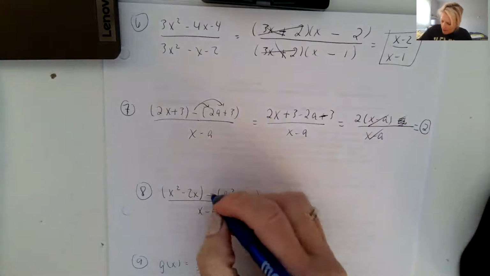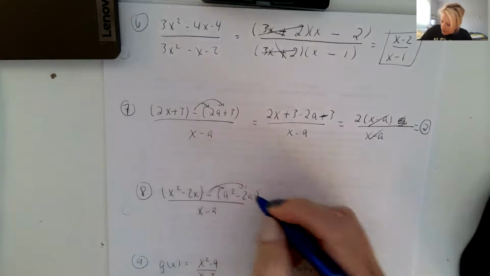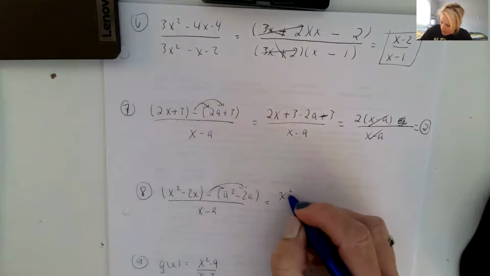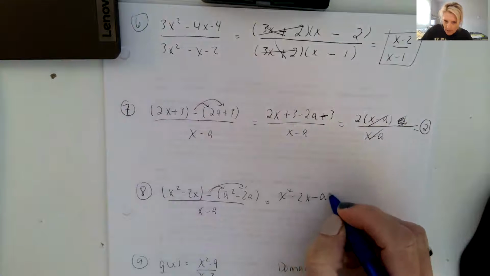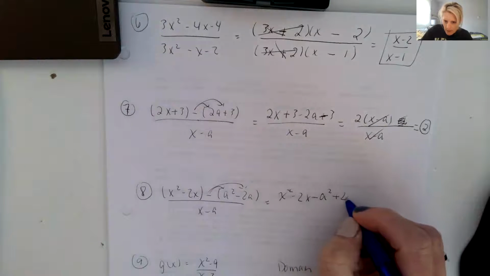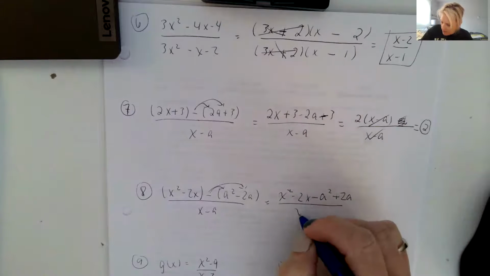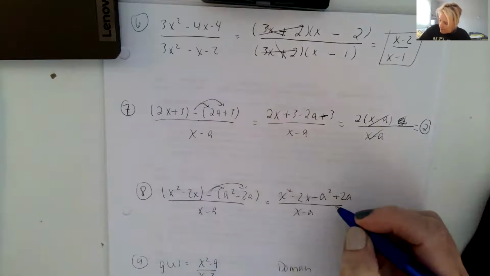Okay, number 8, I'm going to distribute again properly here. So we have x squared minus 2x. Distributing the negative, we have a minus a squared and then plus 2a, all over x minus a.